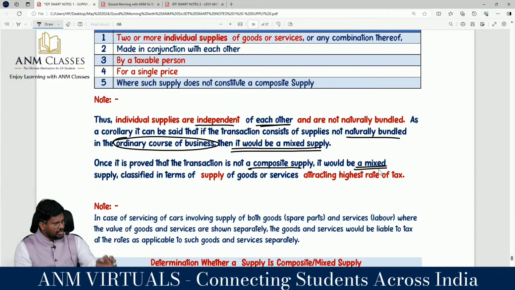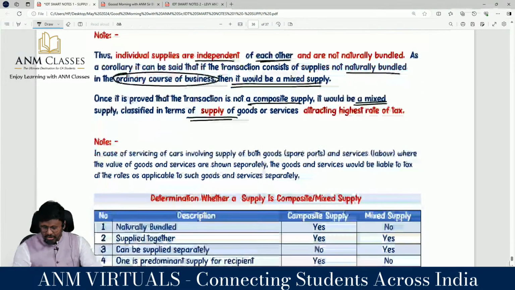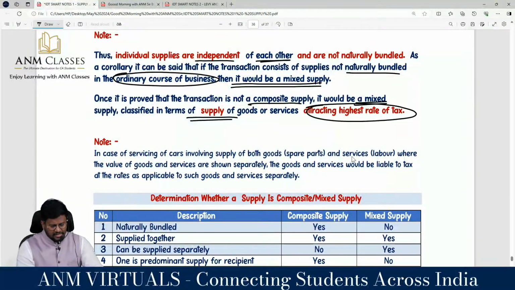So the first preference is to check if a supply is a composite supply. If it is not, then it is classified in terms of a supply of goods or services attracting the highest rate of tax. Actually, Section 8 is talking about the tax rate for what and what.